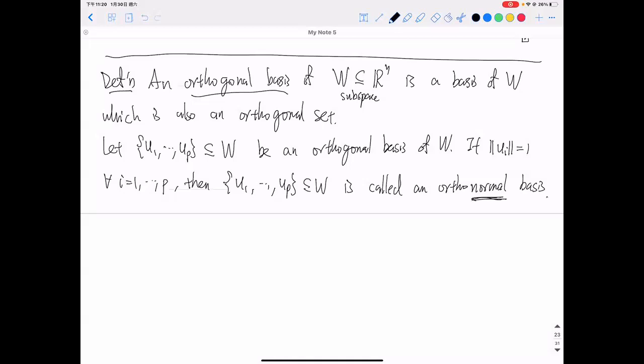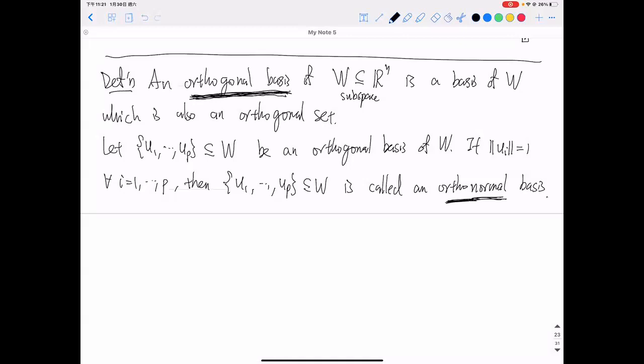This word normal here just refers to the length of these vectors being 1. Okay, so now we have two kinds of bases for subspaces of Rn. One is called an orthogonal basis. It's just a basis consisting of pairwise orthogonal vectors.